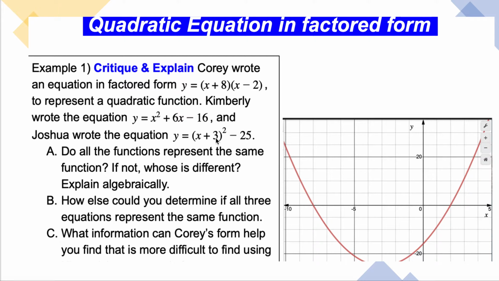And then Joshua's equation, again, we expand this form, (x + 3) squared, which is (x + 3) times (x + 3), minus 25, and then we can convert it into standard form. When we convert into standard form, we can compare all three equations. In this case, all three equations are the same, but you can prove it at home.